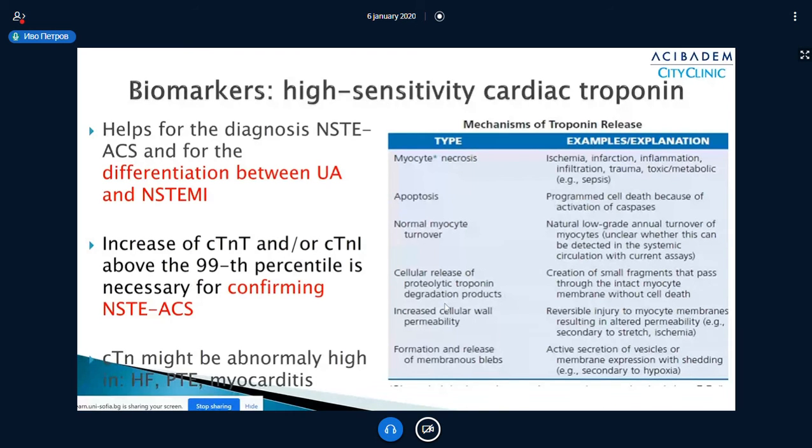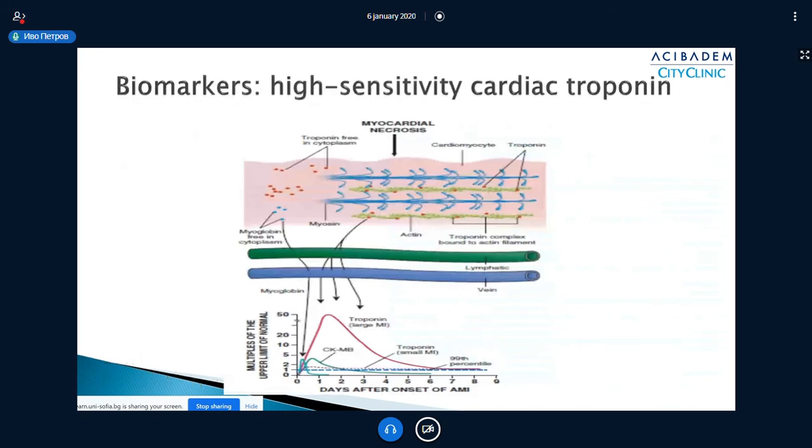So these are the high sensitivity cardiac troponin. I already mentioned several times that high sensitivity cardiac troponin is probably one of the most important determinants to decide if the patient has simple unstable angina or a non-ST elevation myocardial infarction. I already mentioned the myoglobin, like shown here.